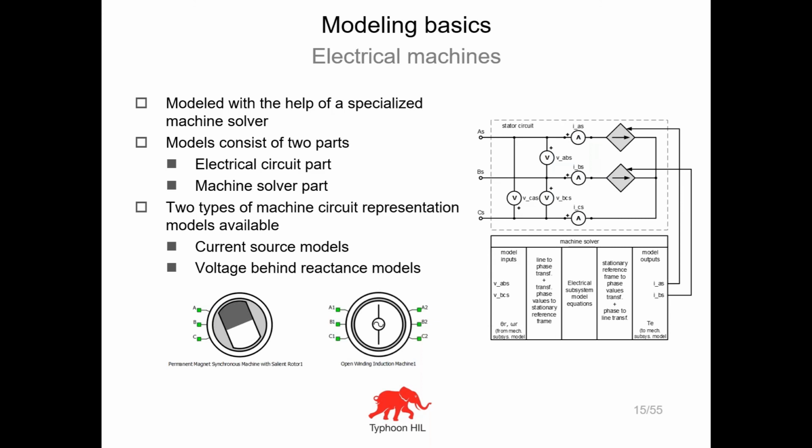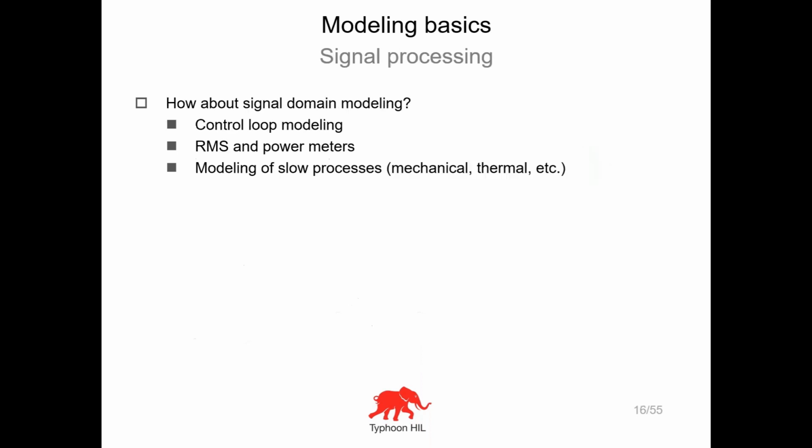The second part of the machine model is the actual machine solver, which is a dedicated hardware module that calculates the electrical part of the machine model and the mechanical part of the machine model, and it also provides speed and position feedbacks in the simulation. For some of the available machines, there are two circuit representations available, the current source models depicted here and the voltage behind reactance models.